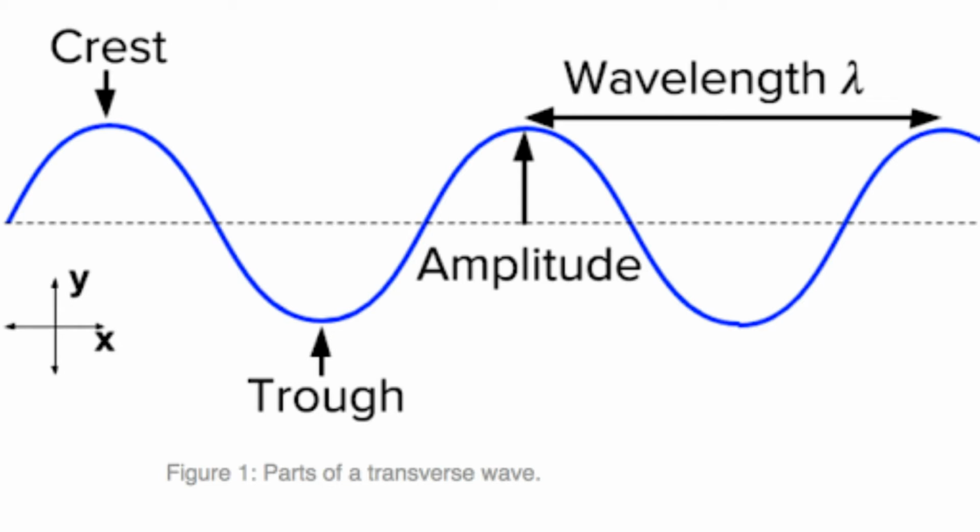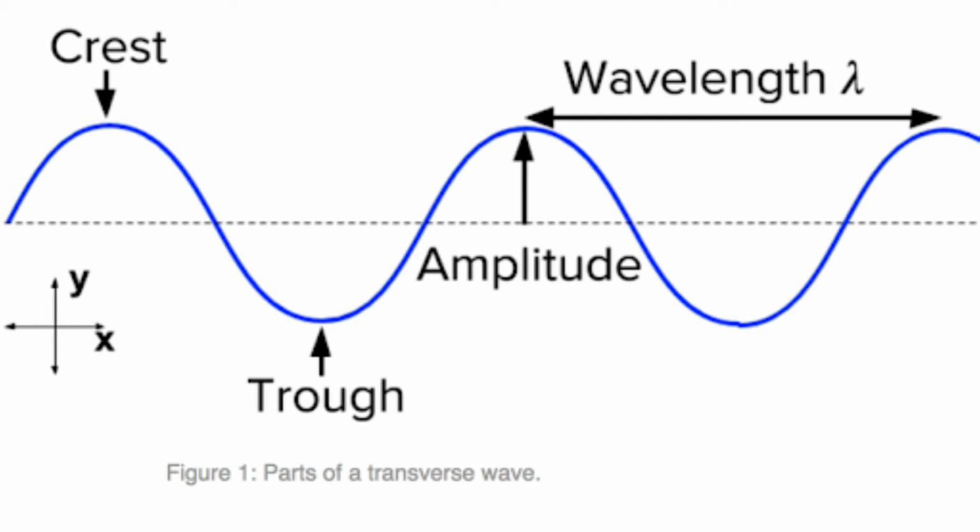From the mean position to an extreme position, to the opposite extreme position and back to the first extreme position makes one vibration. Like that, it vibrates 480 times in 1 second. So that is frequency.